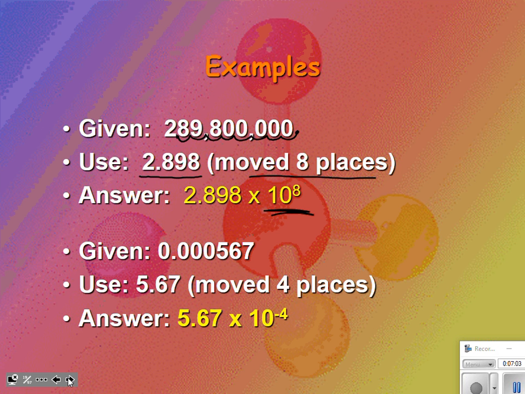Now, on the bottom one, I see that this number is less than 1, so I'm going to have a negative exponent. I am going to move my decimal to right here because I want one non-zero digit left of the decimal. Moved it there so that I jumped it 1, 2, 3, 4 places. So that gives me 5.67 times 10 to the negative 4th.